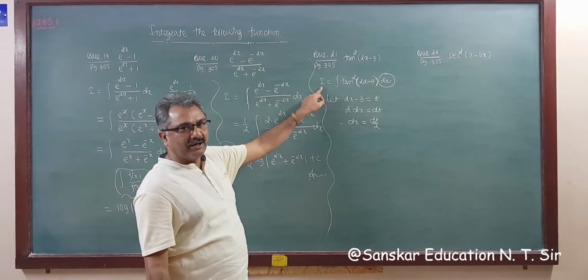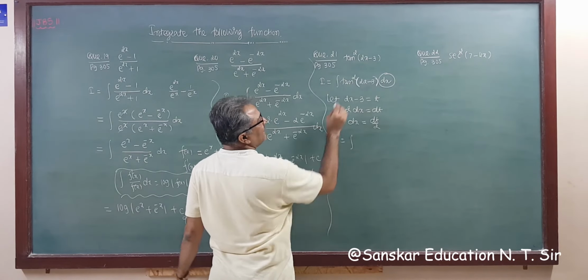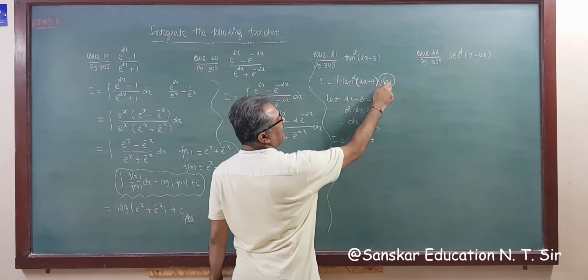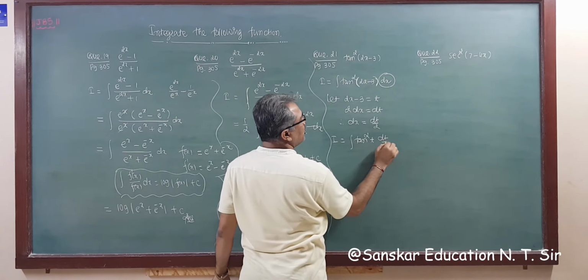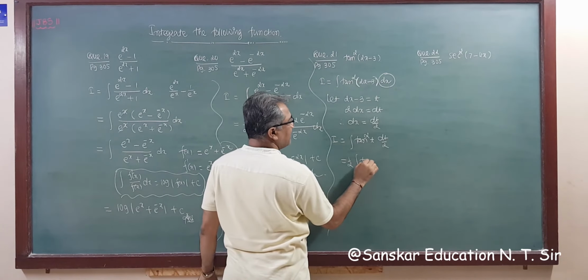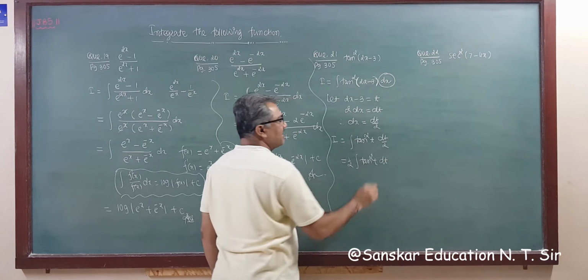Now substituting all this, I is equal to integration of tan square t, and dx is dt by 2. So this is 1 upon 2 integration of tan square t dt. For tan square t there is no direct formula.